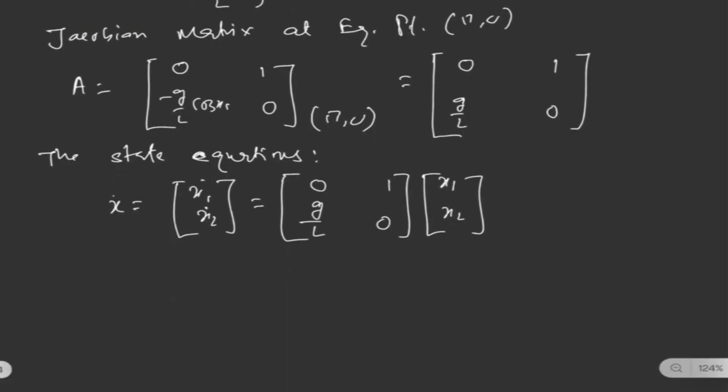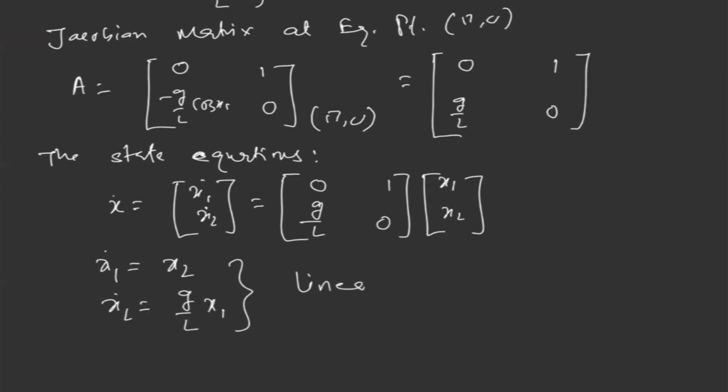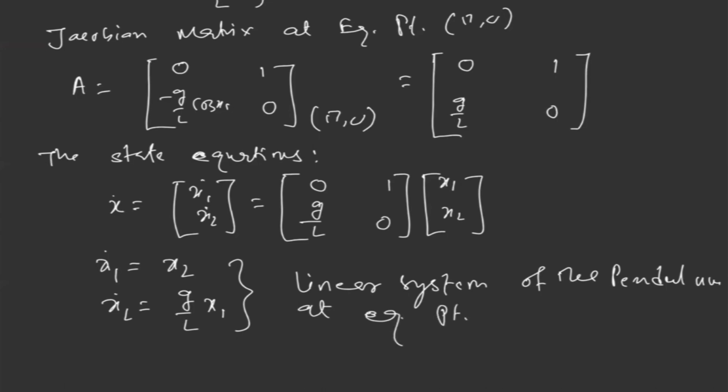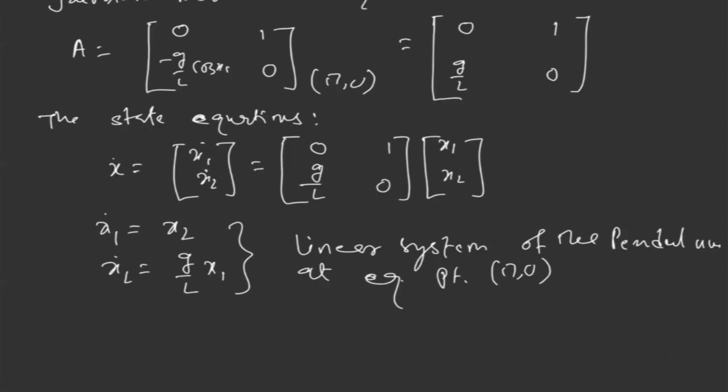Separating the equations, x1 dot equal to x2 and x2 dot equal to g by L x1. So this is also the linear system of the pendulum at equilibrium point (pi, 0). Let's stop here in this lecture.